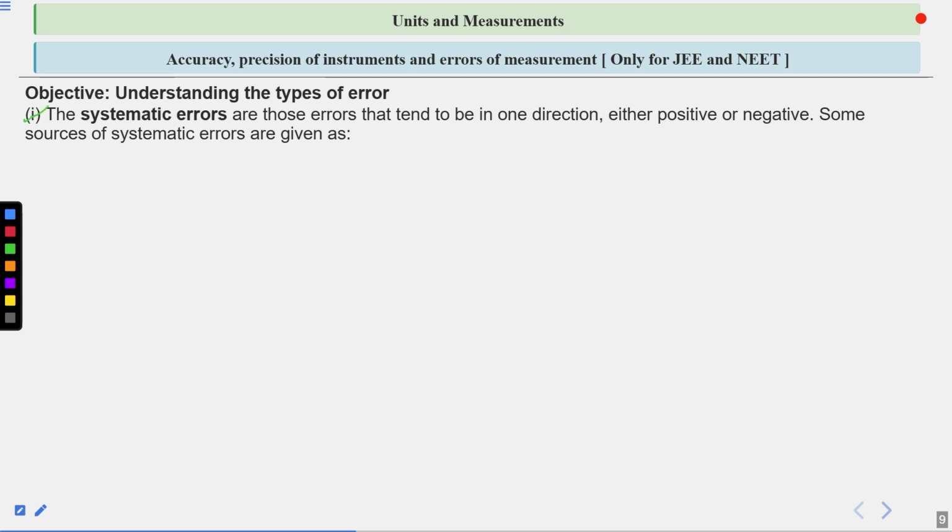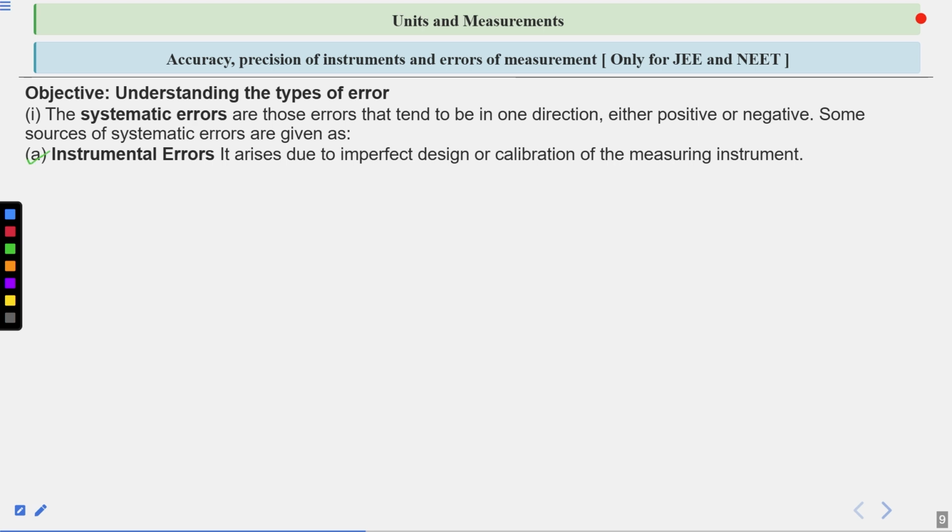Our main aim is understanding the types of error. Systematic errors are those errors that tend to be in one direction, either positive or negative.